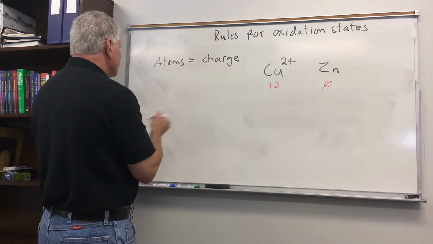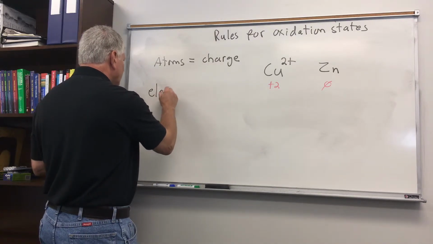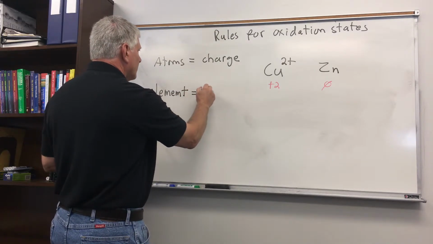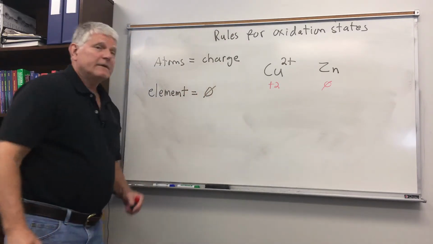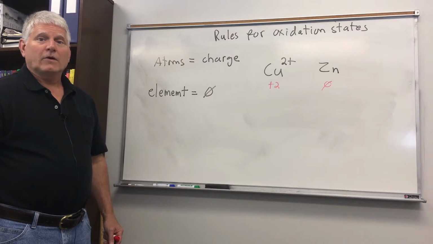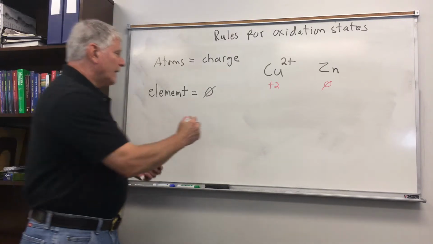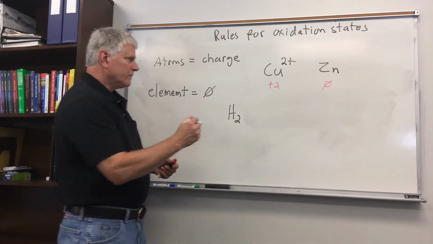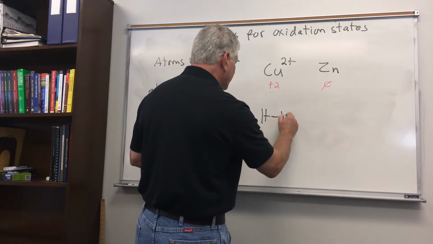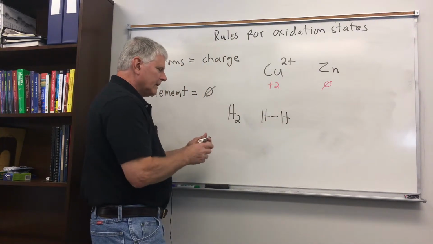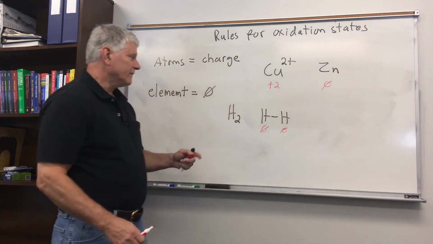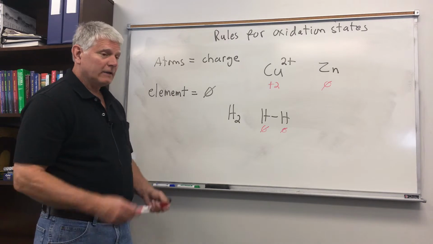Now if I have an element, oxidation states on elements are 0. So if I have the hydrogen element, so I have 2 hydrogens bonded together, then each of them would be assigned an oxidation state of 0 because it's in an element.